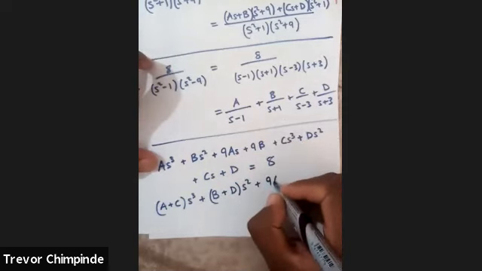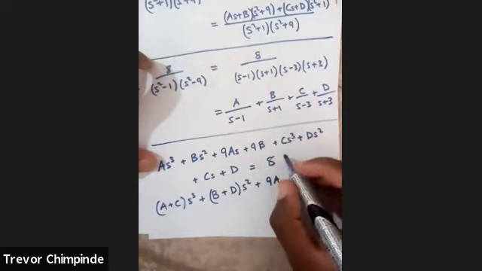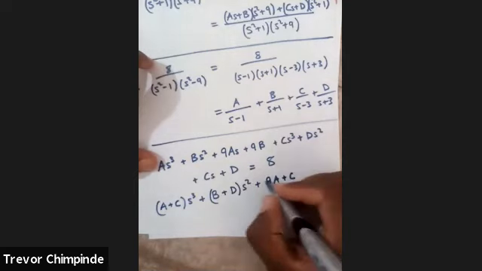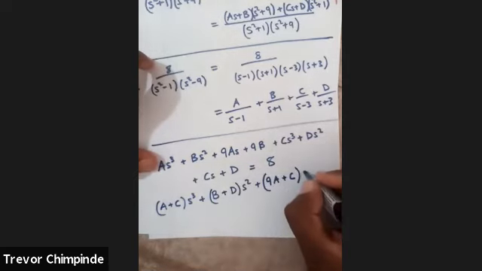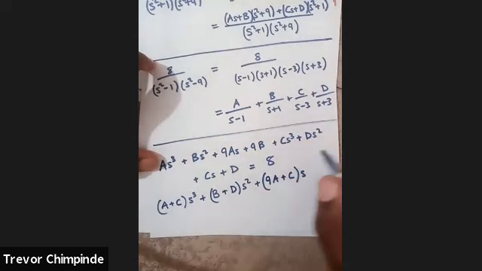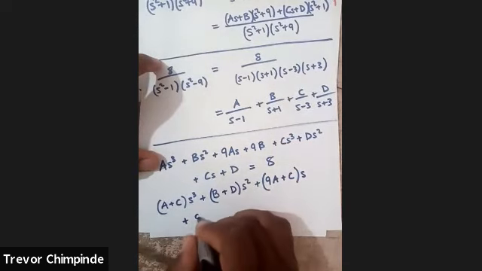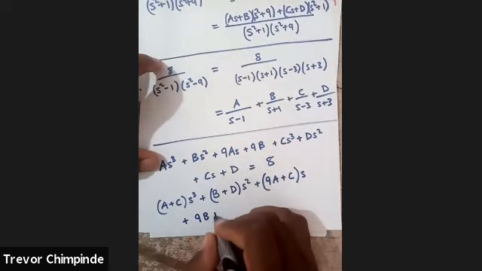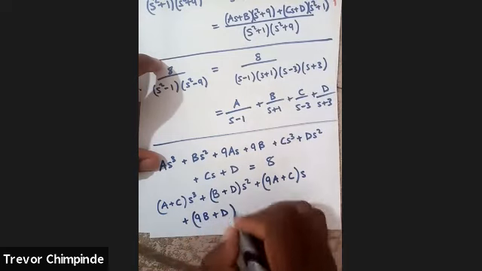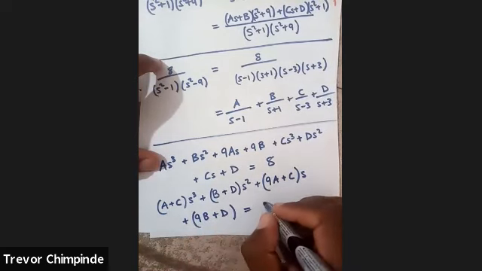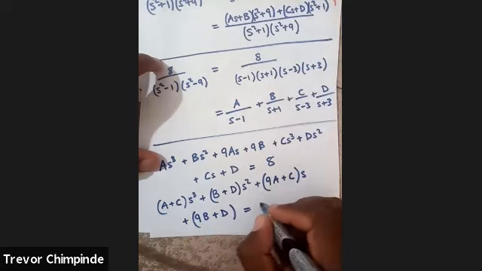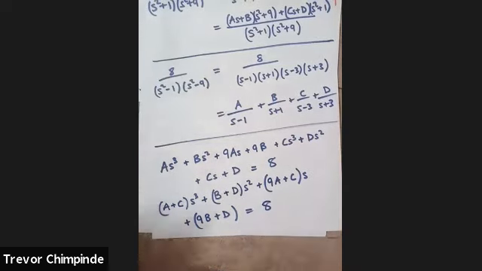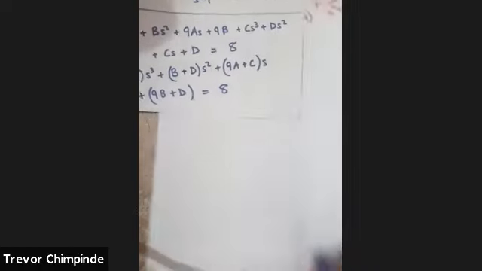So it's (9a plus c) s, then the constants are plus 9b plus d is equal to 8. Okay. So what do we get?